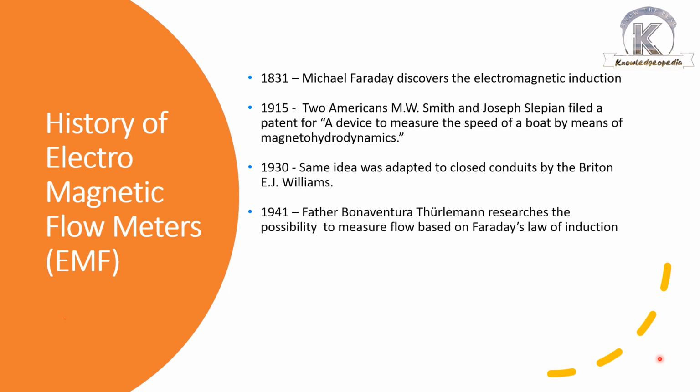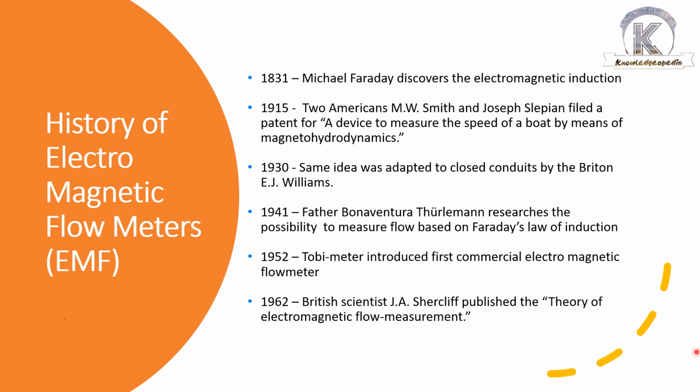In 1952, the first industrialization was by Toby meter, a Dutch scientist, who introduced the first commercial electromagnetic flow meter. And finally, in 1962, the British scientist J.S. Radcliffe officially published the theory of electromagnetic flow measurement. So this is the complete development stage, one by one.